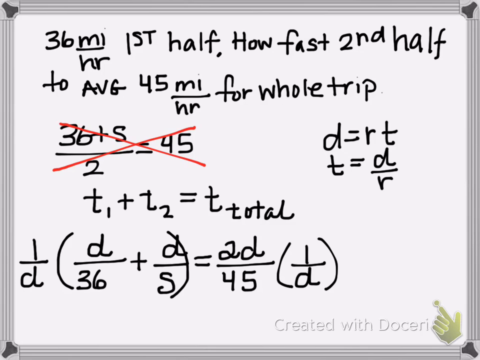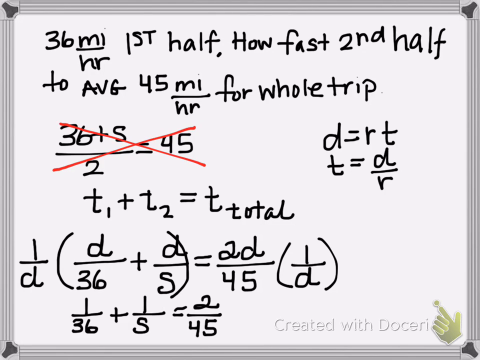I'm using a property of equality to do that. And then what's going to happen? On the left side, I'm going to have 1 over 36 plus 1 over s is equal to 2 over 45. And now I've got an equation in a single variable that I can solve for.